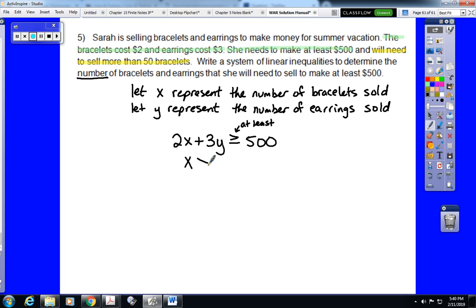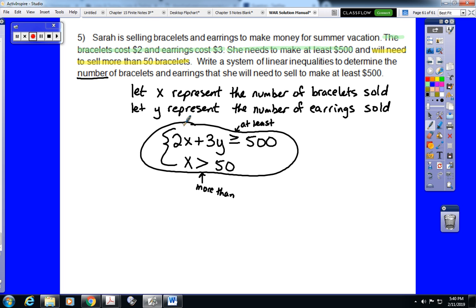So we would say is greater than, because that's what we say when we say more than, 50. And that would be our system of linear inequalities: 2x plus 3y is greater than or equal to 500, and x must be greater than 50.